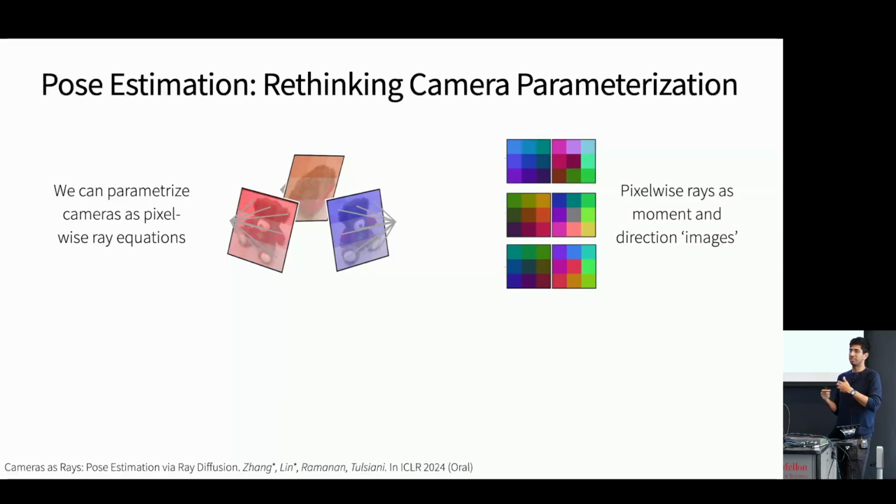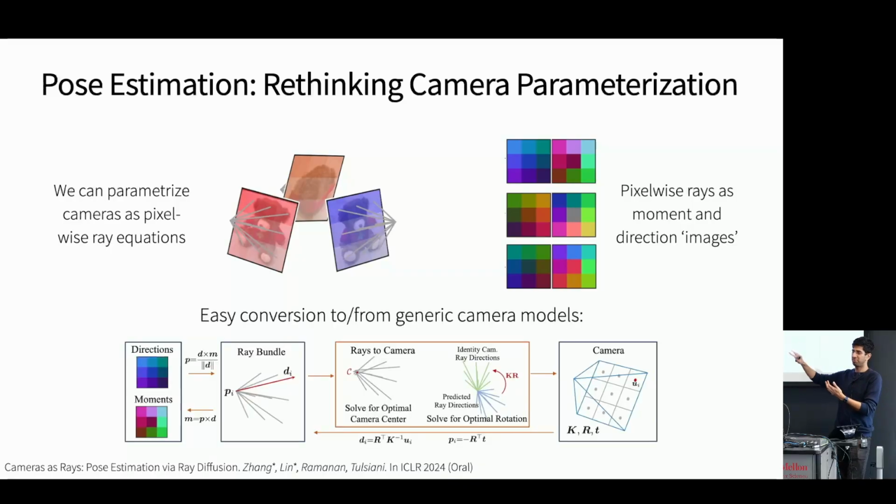And it turns out neural networks are really, really good at predicting images from images. The typical transformer architectures that we have are really suitable for saying, I have a lot of patches as input, predict something for each patch. And so this representation, which we show is analogous to the classical camera representation that you may have thought about, is much more friendly for neural networks that try to predict it.